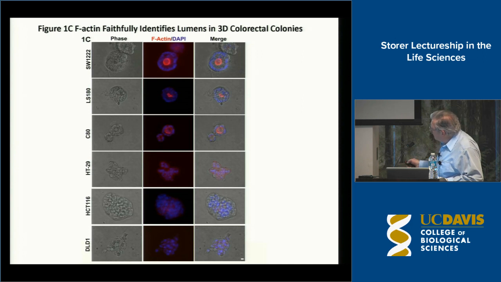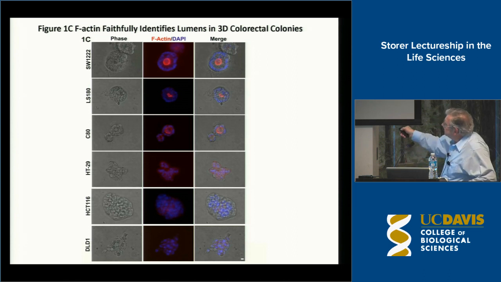While you get some staining with F-actin in these other cell lines, it's disorganized. And you can set up automation to distinguish quite easily whether you're producing these sorts of colonies or these, which we can then use for testing drug responses with respect to whether they influence differentiation or not.